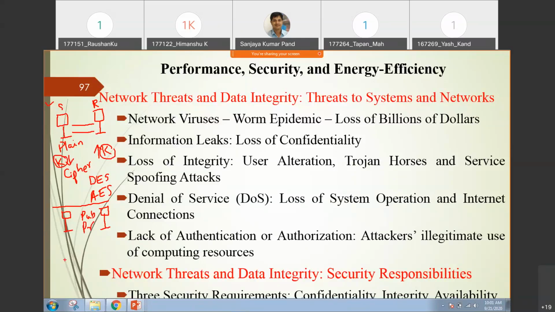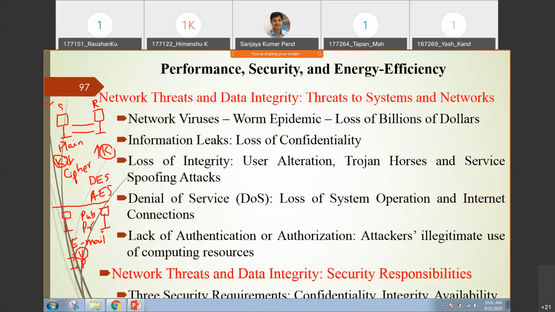Just like in our email system, you have a username and a password. The username is your public key. Anybody can ask for your username, or anybody can give it to you. Suppose I want to contact you, I'll ask your class representative for your username so that I can send a mail to you.